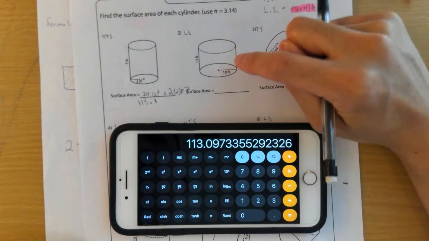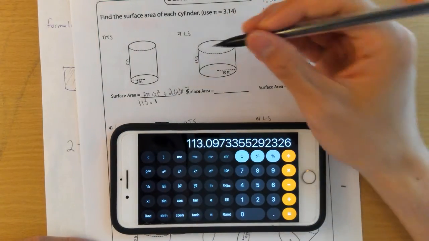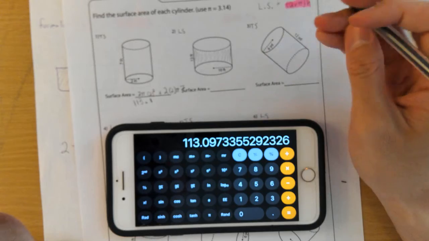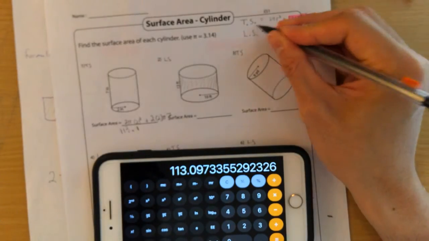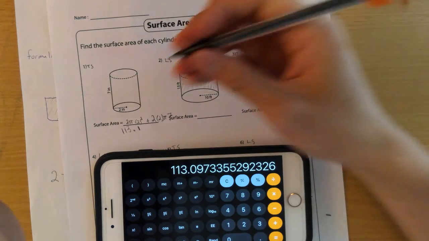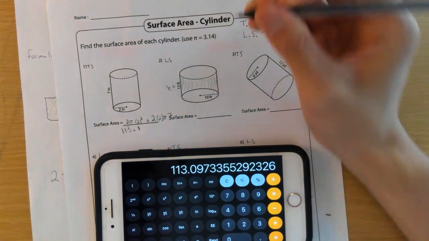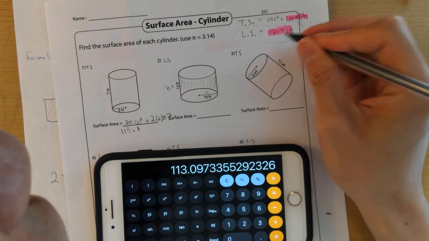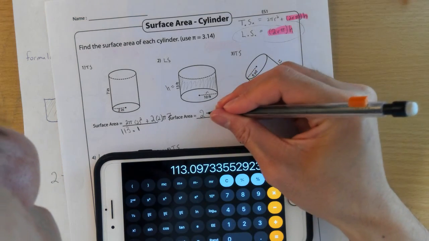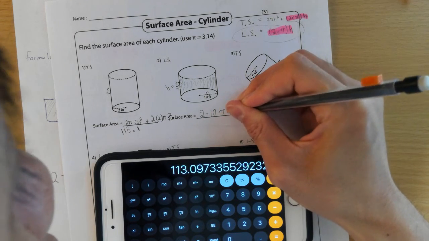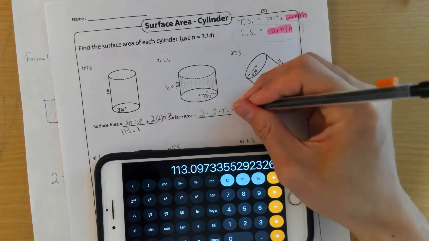Alright, now let's do lateral surface area. This means that I'm only finding the area of the side. So to do that, I'm only going to use this formula, and before I do that, I'm going to identify the height and the radius. I'll put 13 as the height, obviously. Radius is 10, obviously. So the formula is 2r pi times h. 2 times r, which is 10, times pi, times h, which is 13.